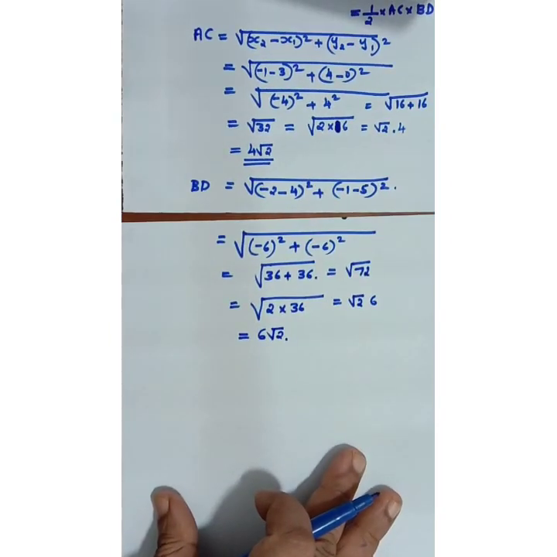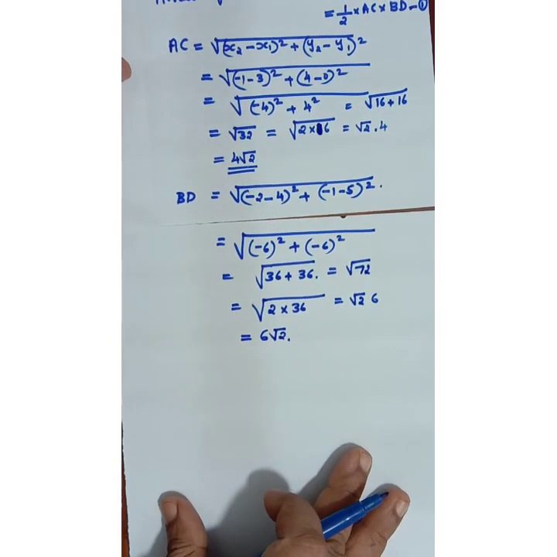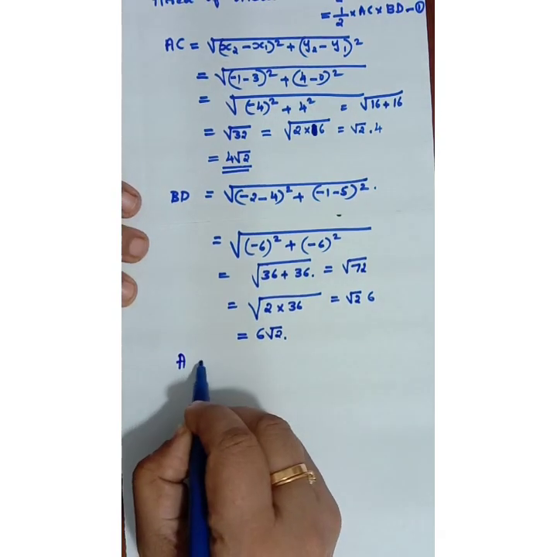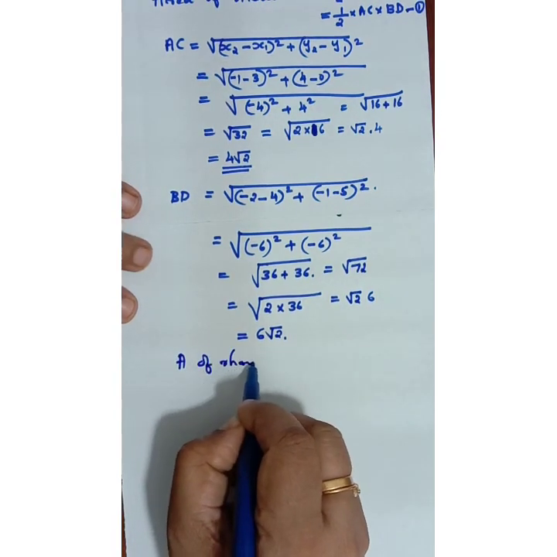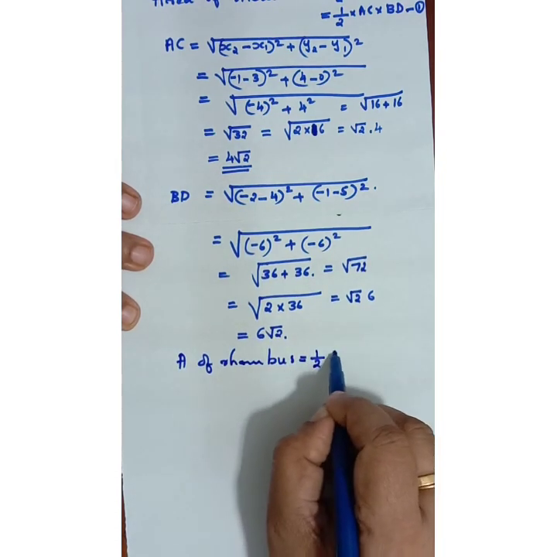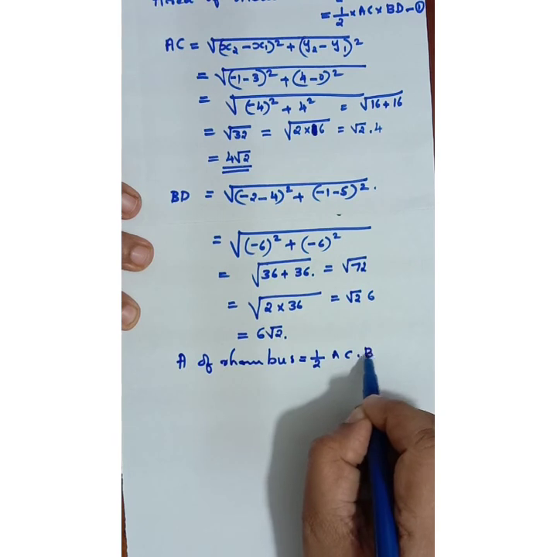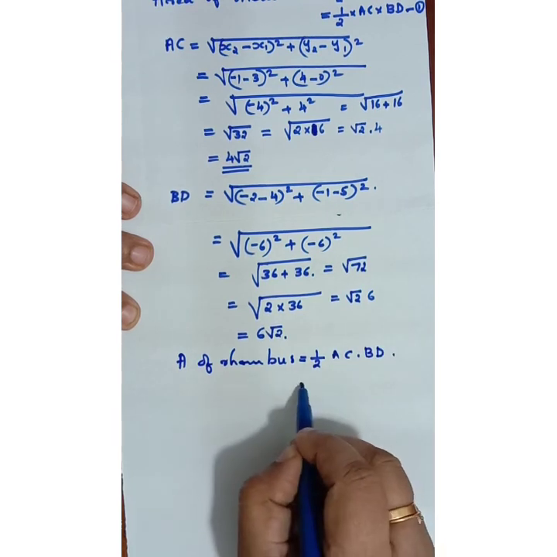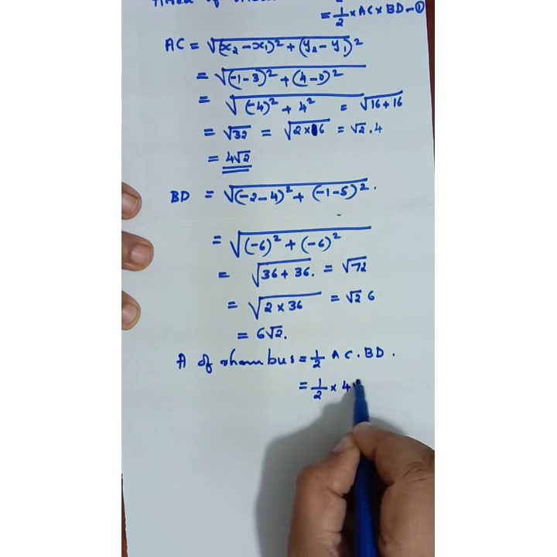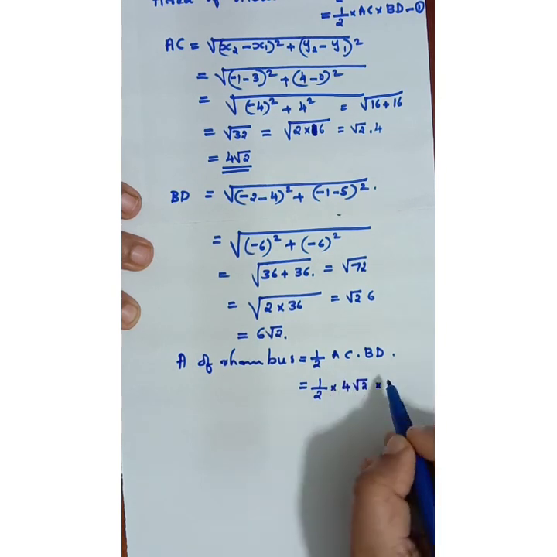What is our formula? Area of rhombus equals half D1 D2. That is, area of rhombus equals half AC into BD. AC and BD we have found out. Half into AC is 4 root 2 into BD is 6 root 2.